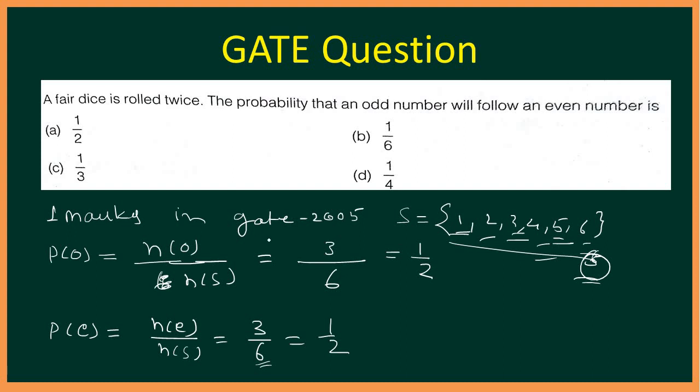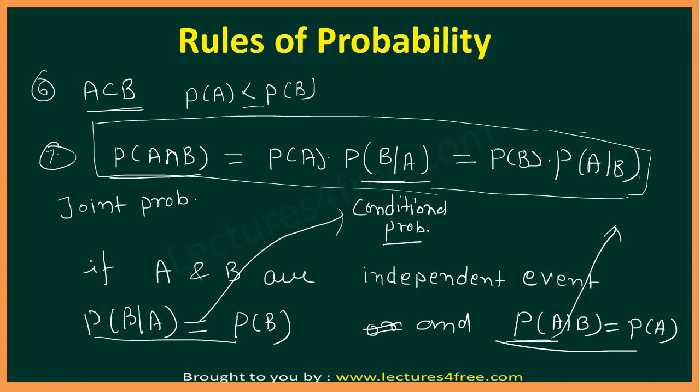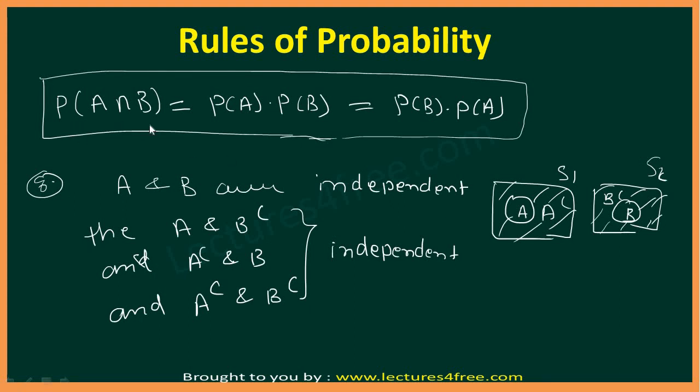So the probability that an odd number will follow an even number we can write as probability of O intersection E, which will be probability of odd and probability of E. We multiply these because, as we can see from this rule, when both are independent, then P(A intersection B) will be P(A) into P(B), or P(B) into P(A).